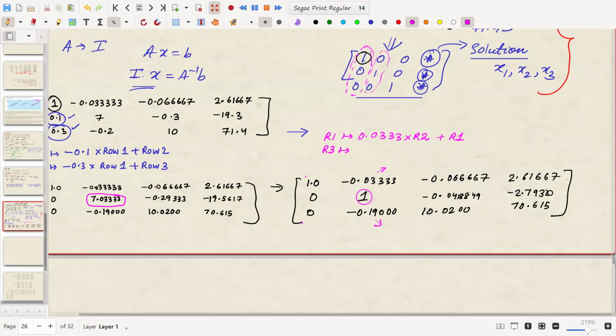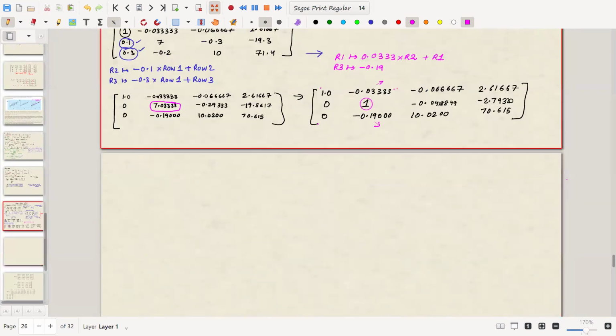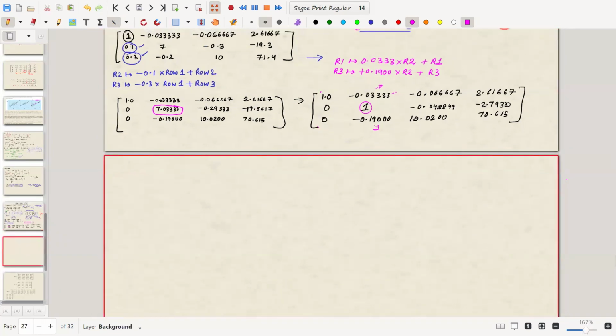Then can you claim that this element is going to 0? Yes. R3, how can we do? Same thing. Minus 0.19, plus 0.1900 into R2 plus R3, isn't it? If you do that, what matrix you get?